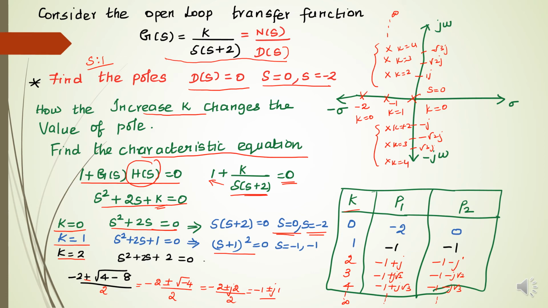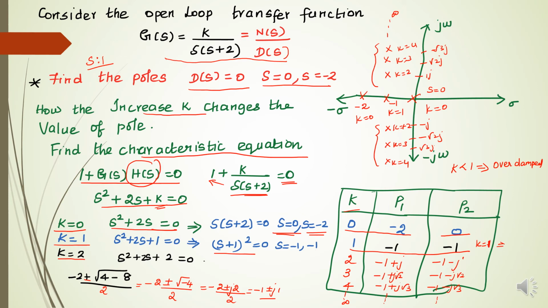So from this tabular column, we can tell that for K less than 1, the roots P1 and P2 are real and unequal. So we can say that this is an overdamped system. And K = 1, multiple poles are obtained.